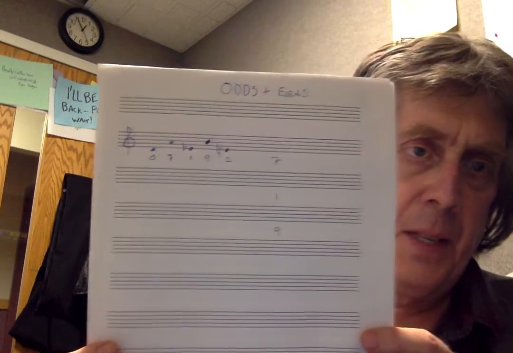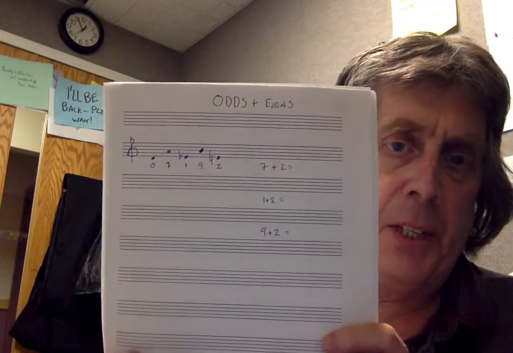Now, add 2 to each one of those. Adding 2 to each one, what you get: 7 plus 2 equals 9. 1 plus 2 equals 3. 9 plus 2 equals 11.